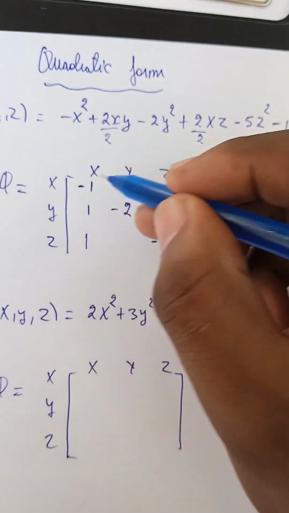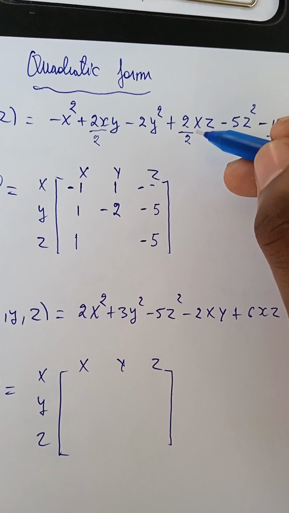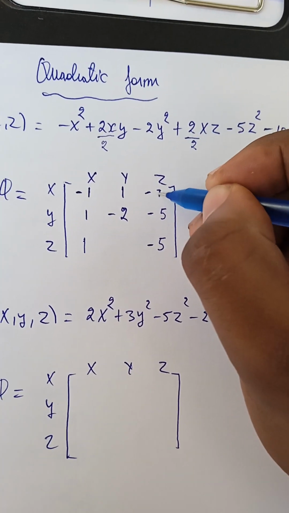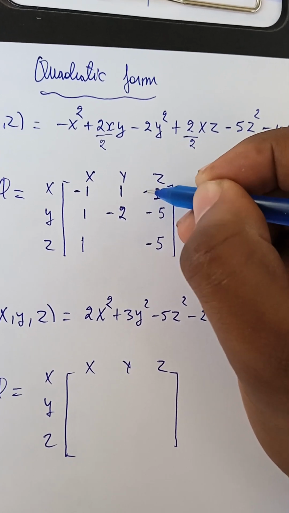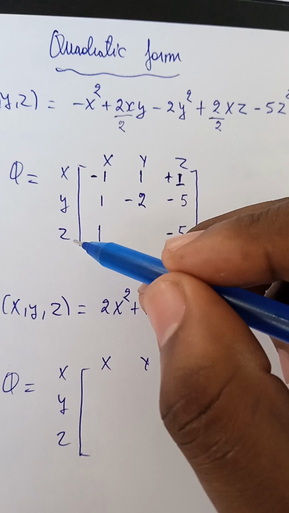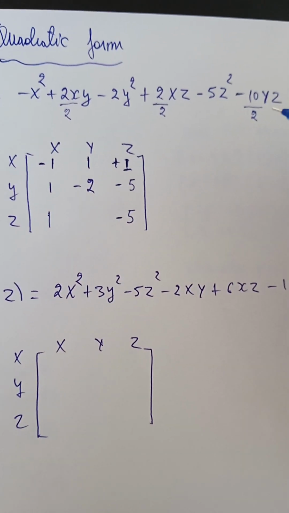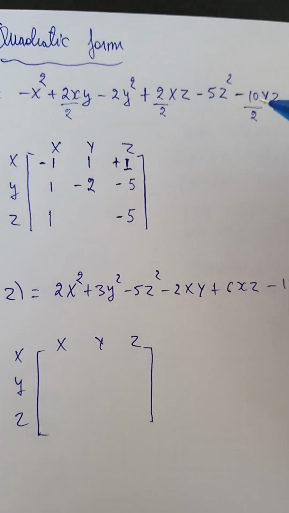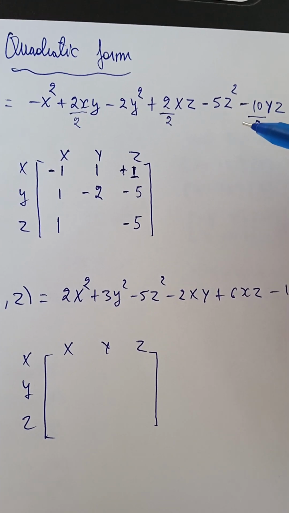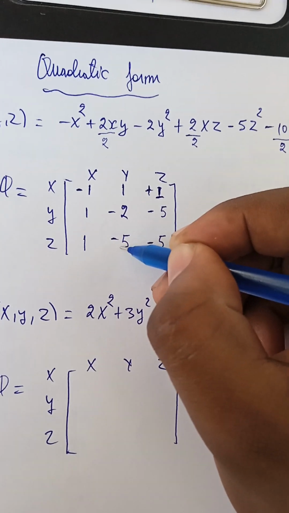And x and z, the coefficient is 1. So here it's 1. Here it's 1. Z and y, the coefficient is minus 10 divided by 2, which is equal to minus 5. So here it will be minus 5.